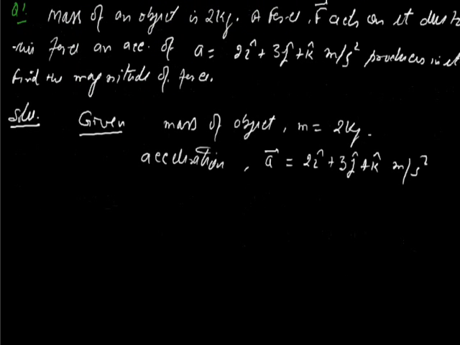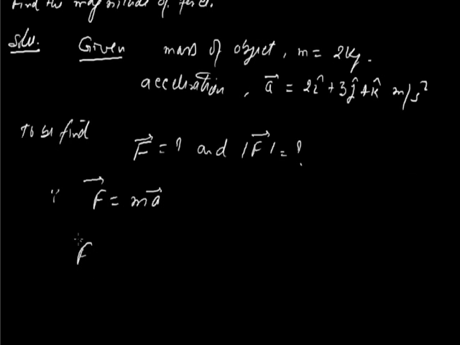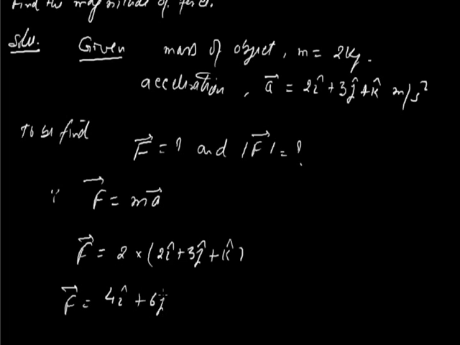We have to find F, and also the magnitude of vector F, because F is equal to ma. On putting the values of a and m, we get F will be 2 into (2i plus 3j plus k). So the value of F will be 4i cap plus 6j cap plus 2k cap Newton.